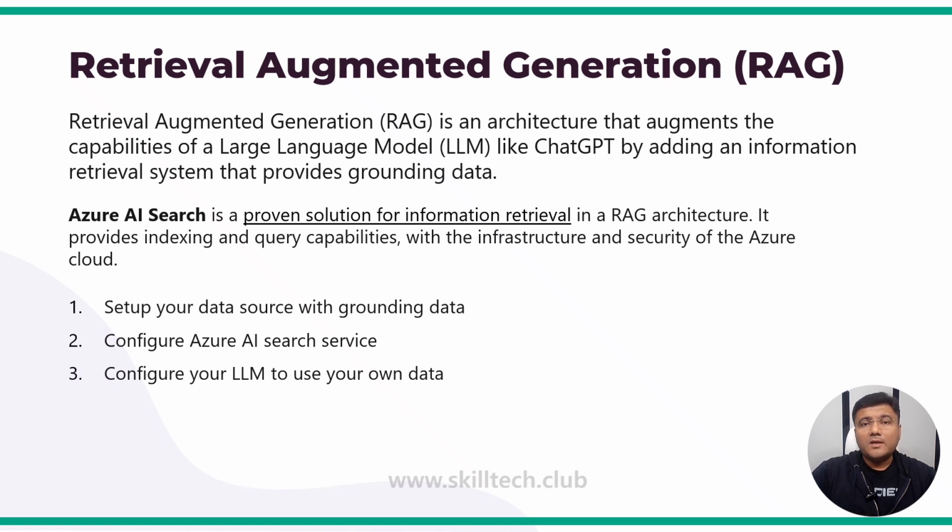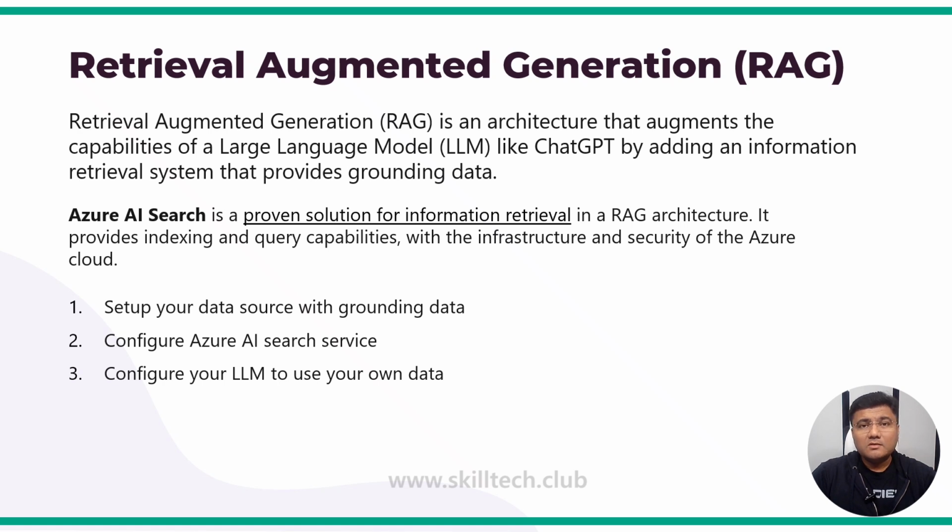This is a topic which is going to help you to associate your own data as grounded content for your LLMs. That is basically what Retrieval Augmented Generation is doing. Now, if you ask me how exactly this is going to do that, well, you are going to use multiple services. Of course, we are going to use Azure AI Foundry portal. We will use Azure OpenAI service. And we are also going to use prompt flow.